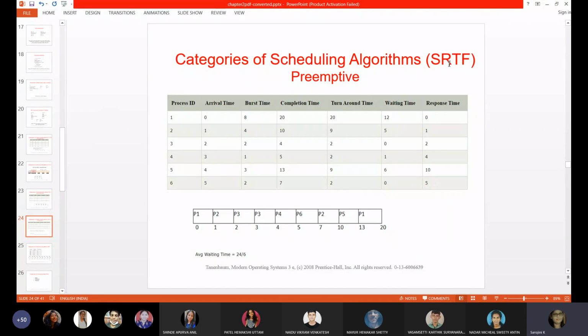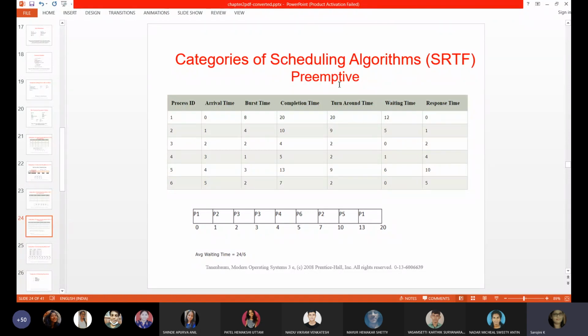Once it got a chance to use the CPU, but when it is executing inside the CPU, after completing 3 milliseconds, it got evicted. It is possible because it is preemptive.